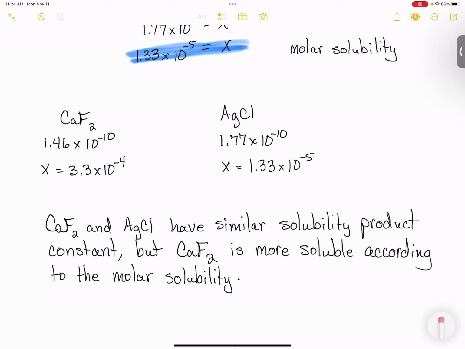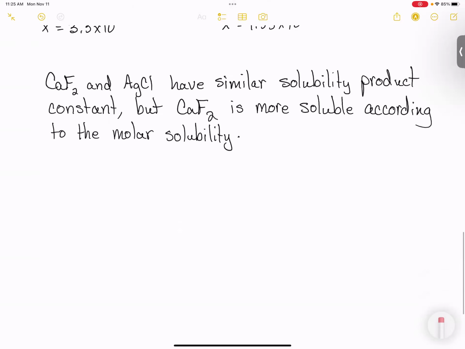Questions? When we were looking at those solubility rules, a lot of times we were comparing the molar solubility. Okay.